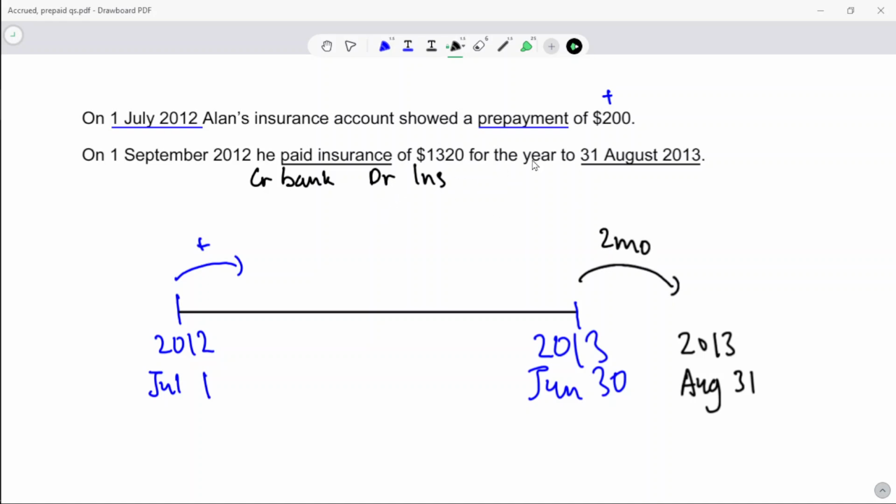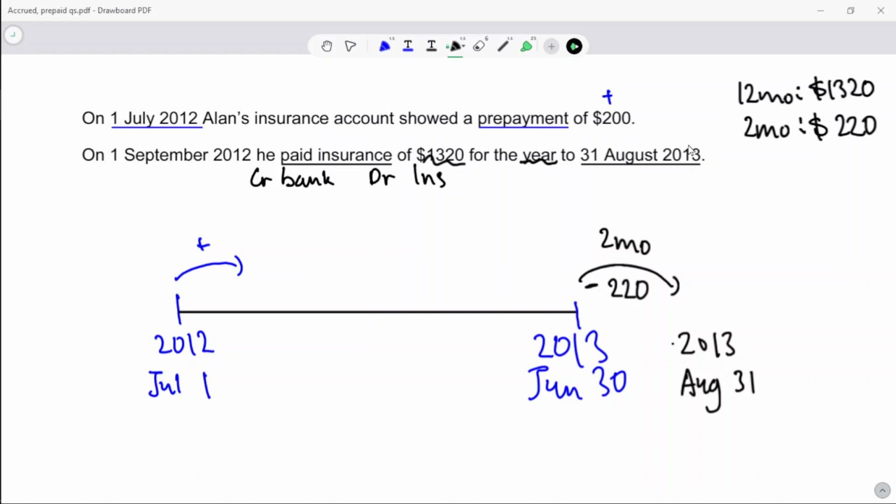Okay. So let's do some ratio. So a year is there. So 12 months, you'll get 1320. 2 months, you'll get 220. So this one, get 220. So outside, so minus.